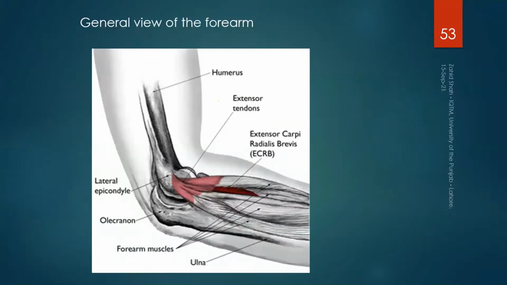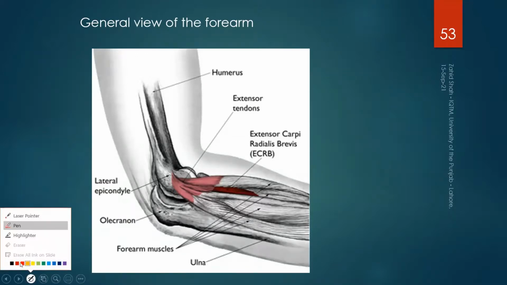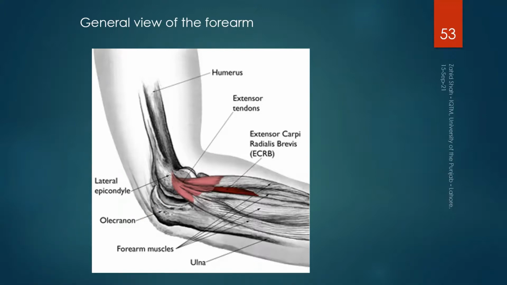So this is the point where this extensor tendon of the forearm attaches to the elbow. This point is the lateral epicondyle. That is why this problem is called lateral epicondylitis, because it affects this area, the lateral epicondyle.